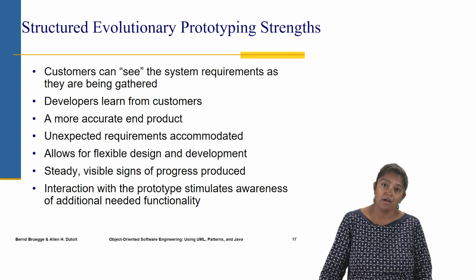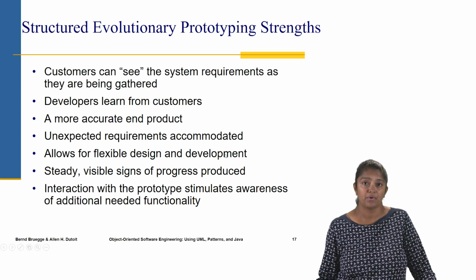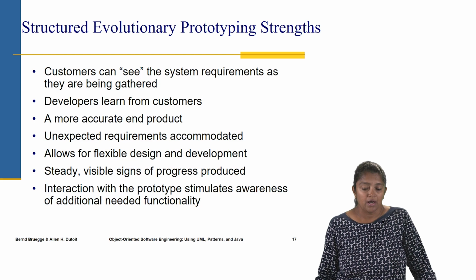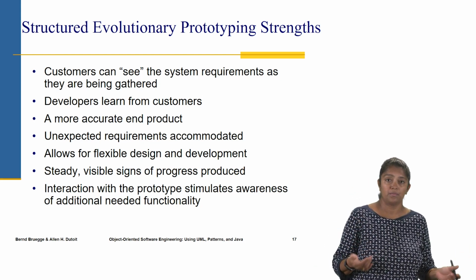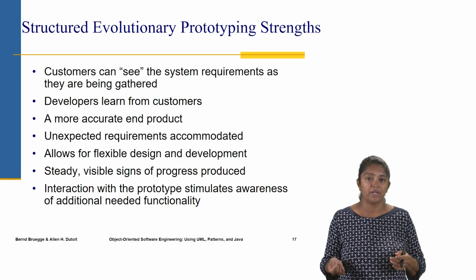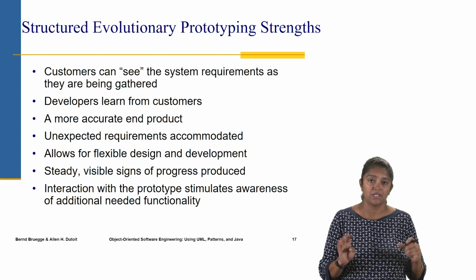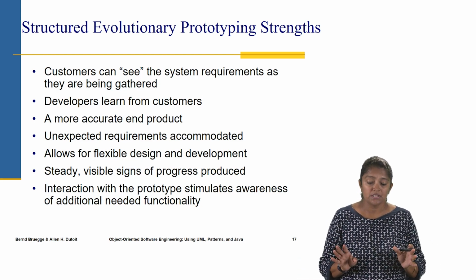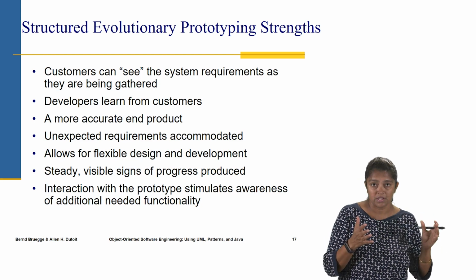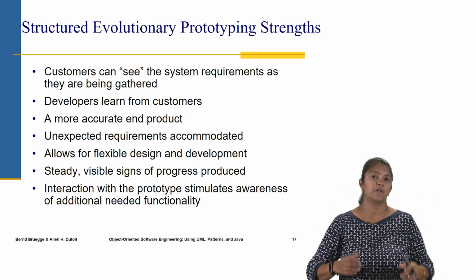So what we have at the end is very likely to be an accurate end product that the customer needs. Unexpected requirements can be accommodated because they're constantly building the prototype anyway. So it allows for a lot of flexibility in the entire process, and there is a steady visible sign of progress because there is something that's getting produced that can be demonstrated.